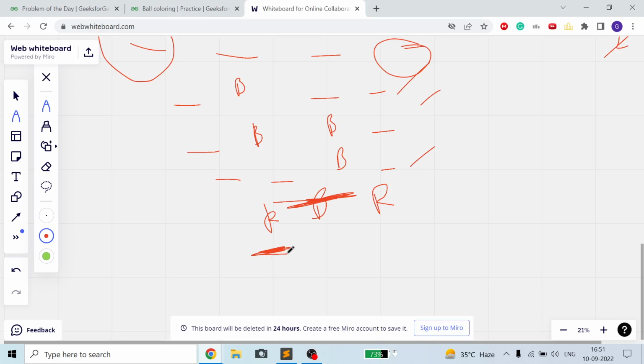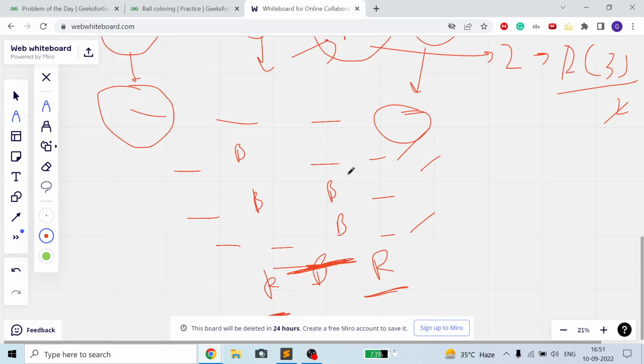Similarly, the other R segment's length should be greater than or equal to 1.